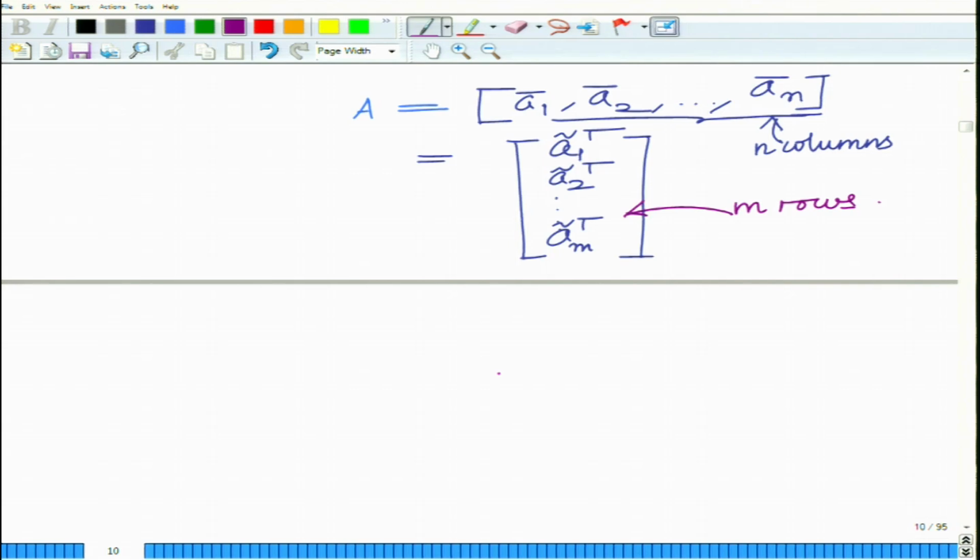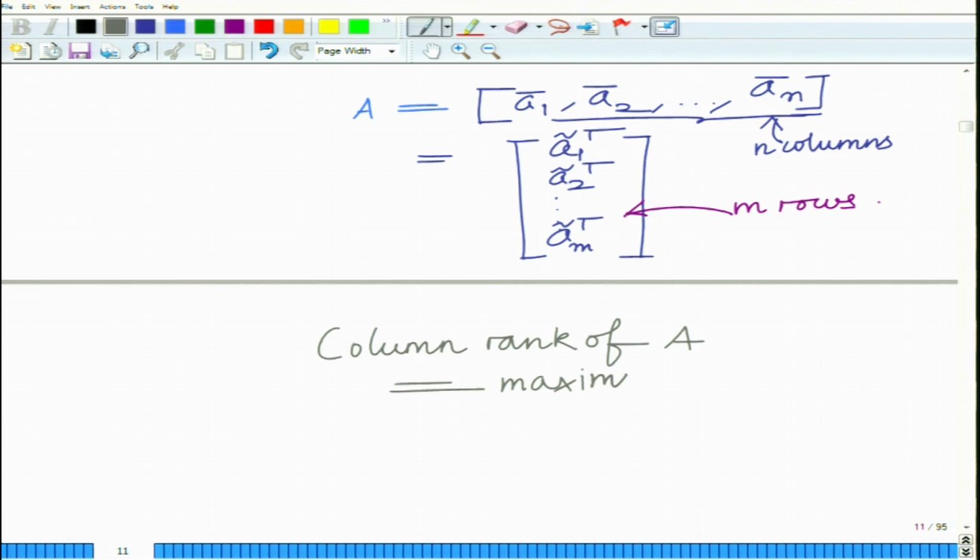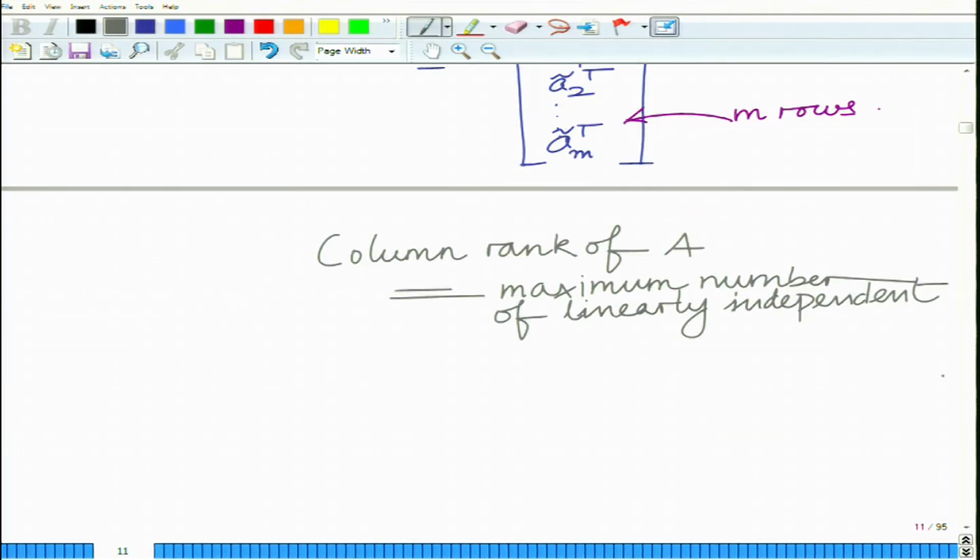And now the column rank of A equals the maximum number of linearly independent columns, that is A bar 1, A bar 2 up to A bar n. That is the maximum number of columns that you can choose from A such that there does not exist any linear combination which is 0.